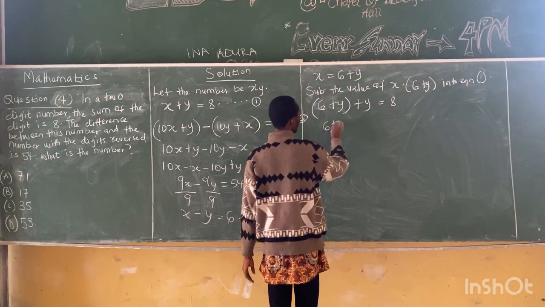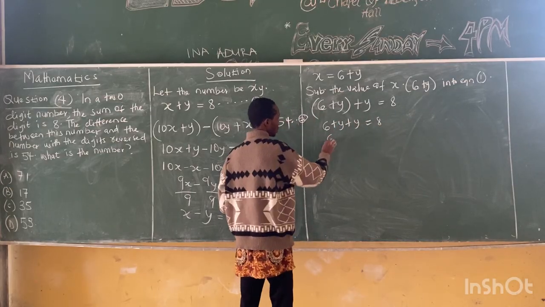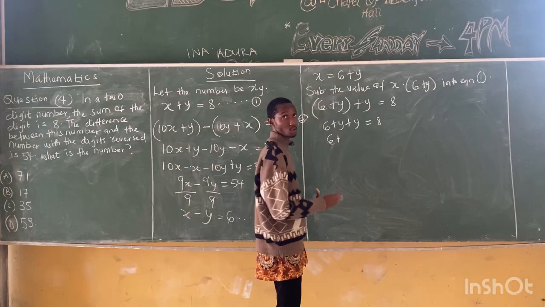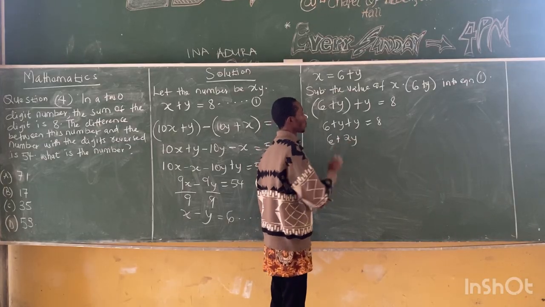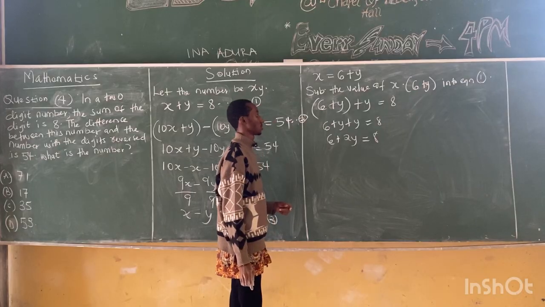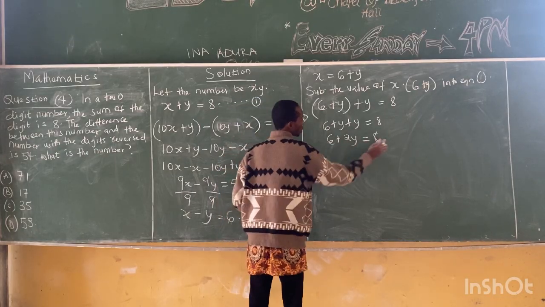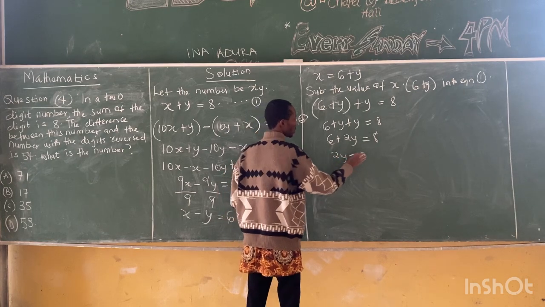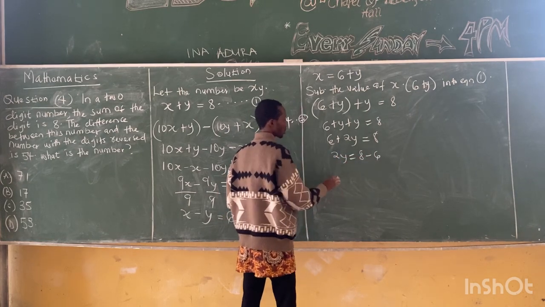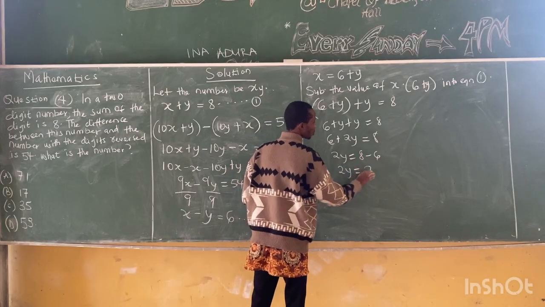This is the same thing as 6 plus y plus y equal 8. y plus y gives us 2y. We have 6 plus 2y equal 8. If we make 2y the subject of the formula, this 6 crosses to this other side. We have 2y is equal to 8 minus 6. 8 minus 6 is equal to 2.